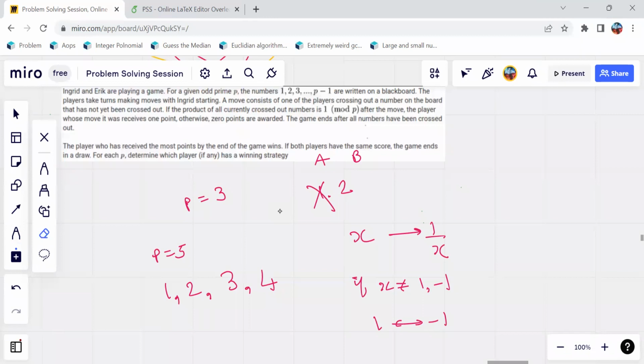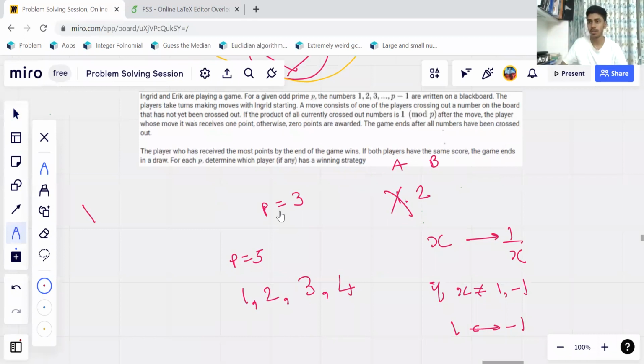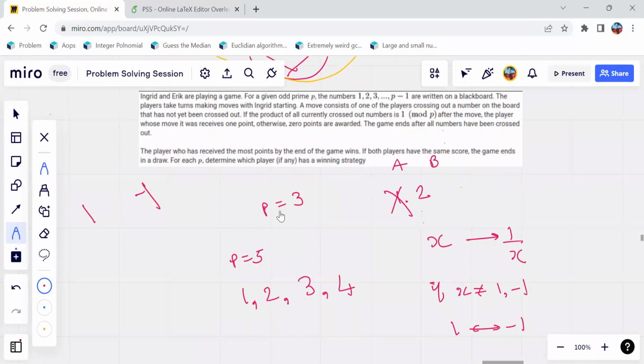Okay, so, hmm. Oh, okay. I see the strategy, I think. Let's say I pick first, and if player B picks something X which is not -1, then you can pick 1 by X and you get a point, right? You get a point, yes. Let's say player B picks -1, what do you do?